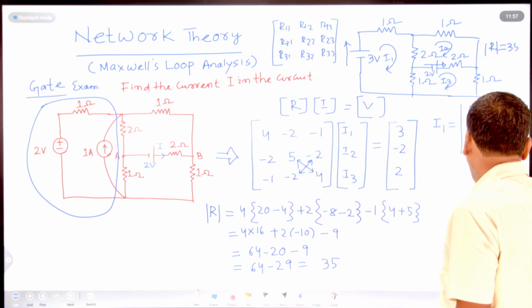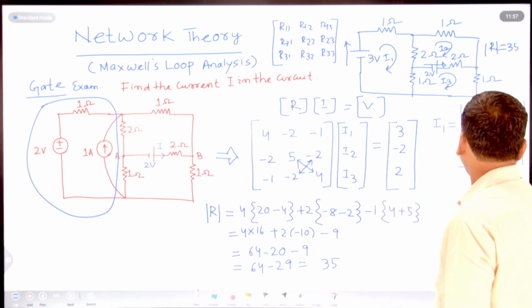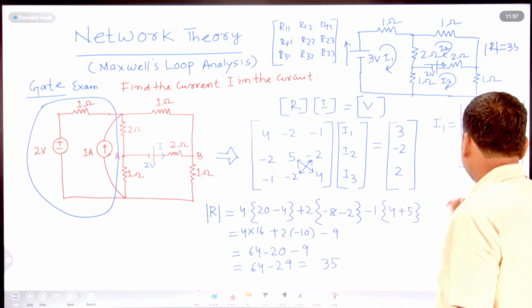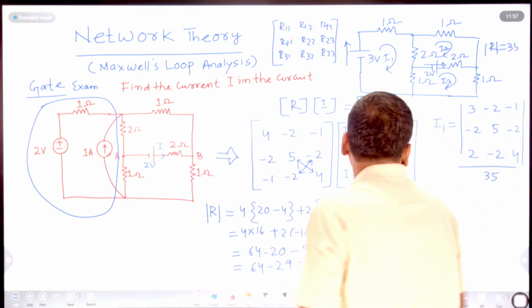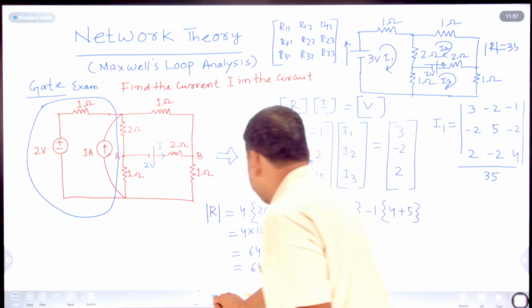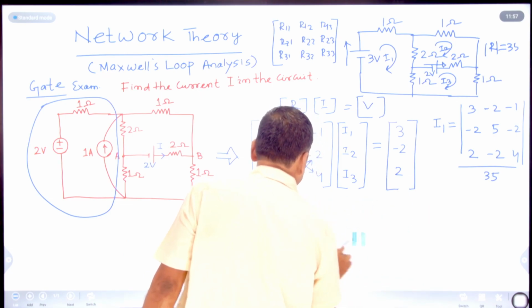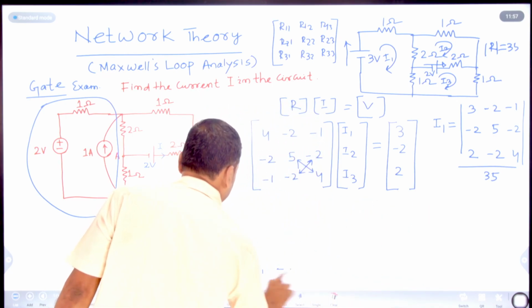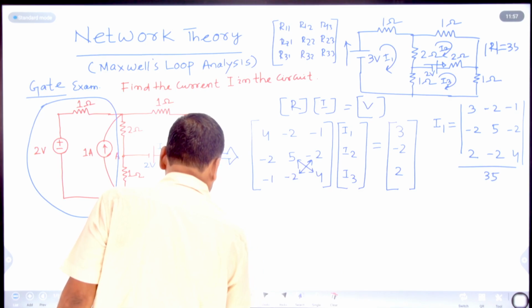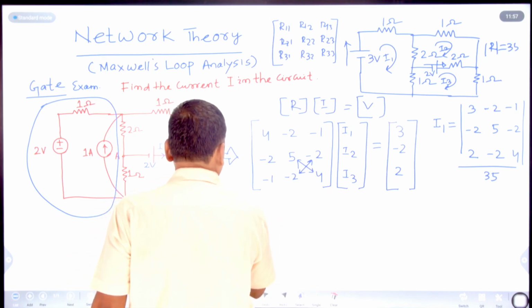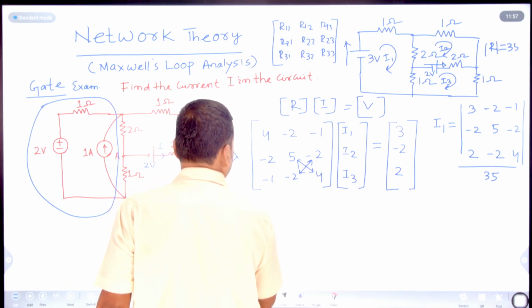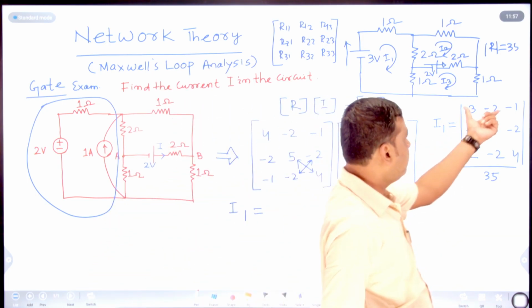This divided by the resistance matrix, that is your 35, and the value becomes what? I1 equal to what?